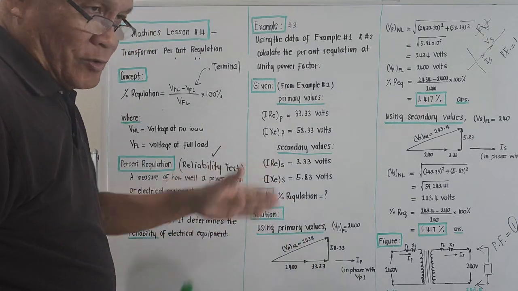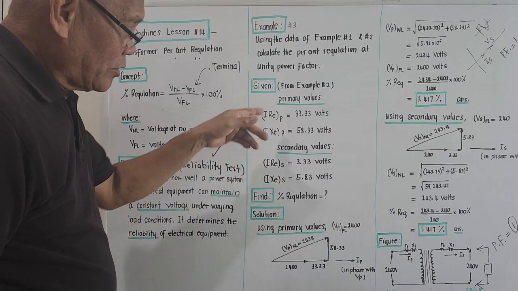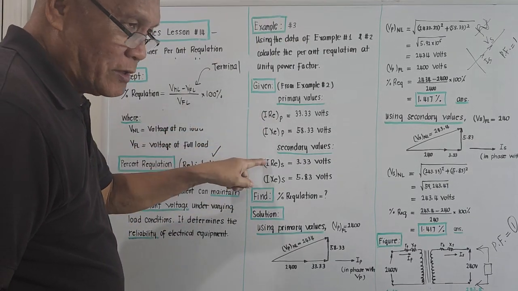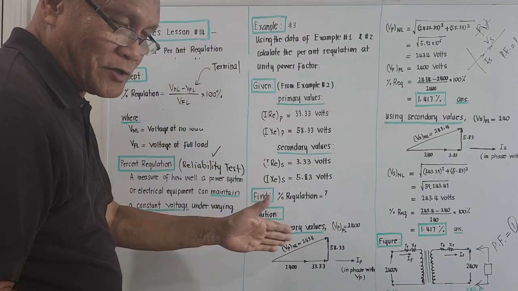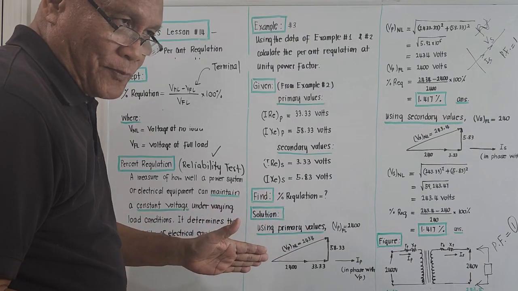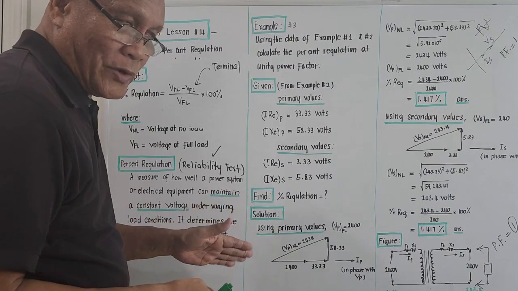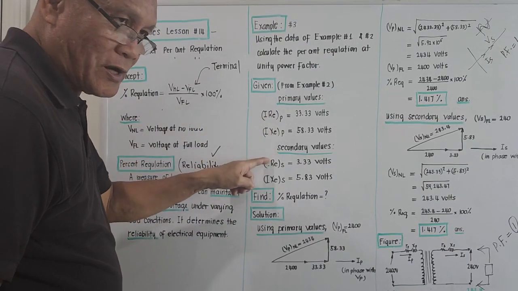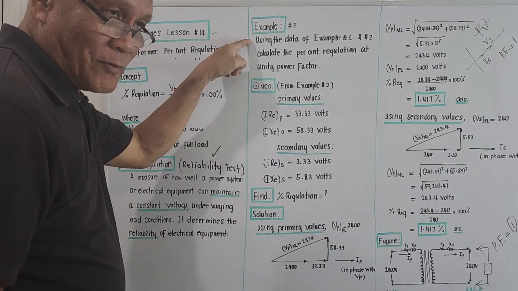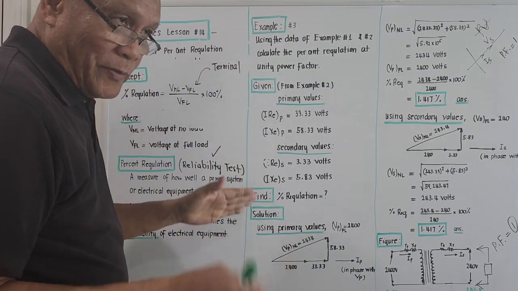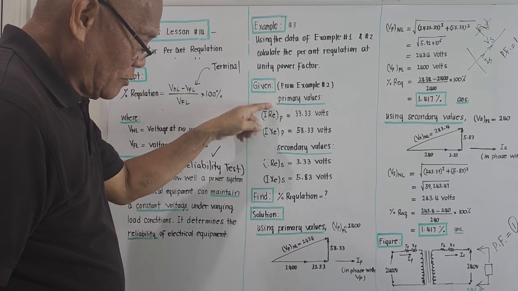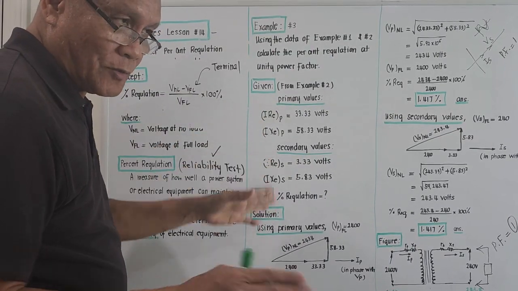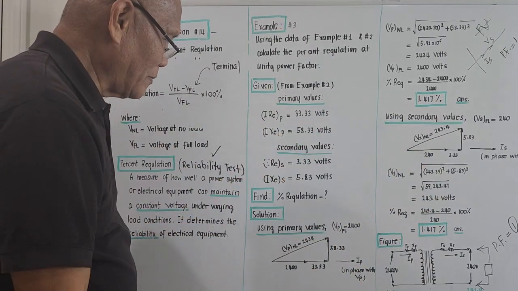So in your exams, you could either use the primary values or secondary values. It depends on what is given. But from example number 1 and number 2, we are given the primary and secondary values. So on example number 3, we will be using the primary values and the secondary values, and what will come out should be the same.